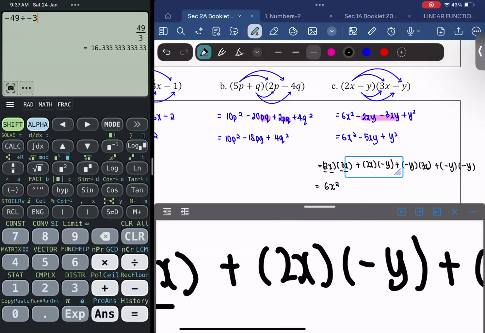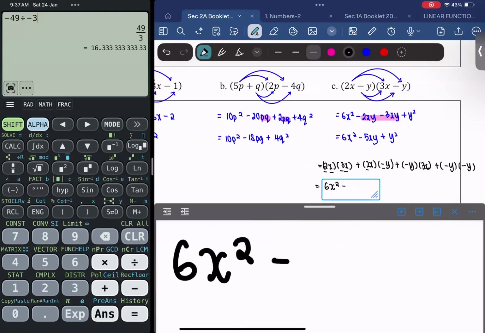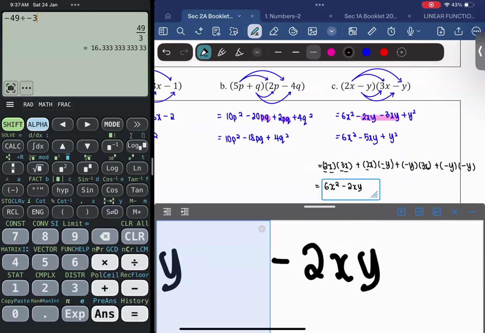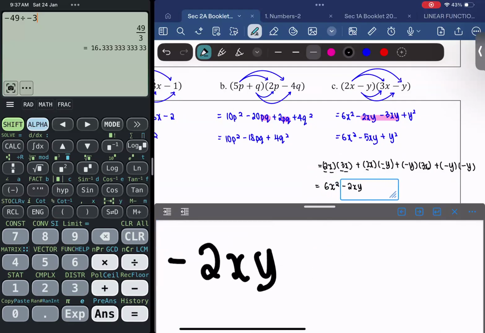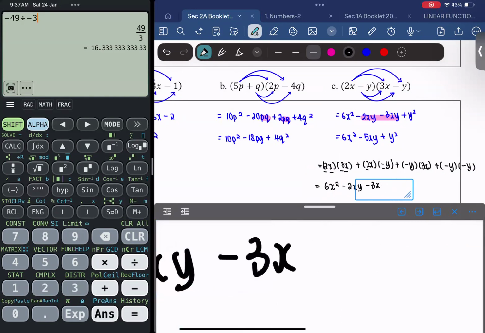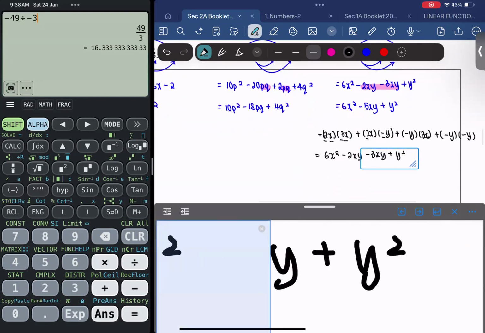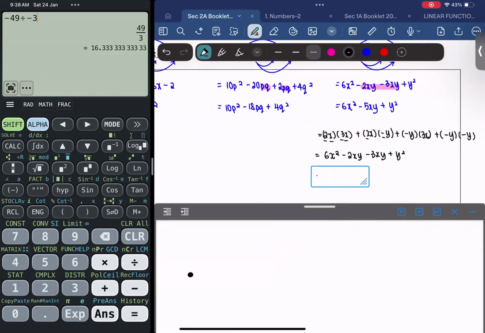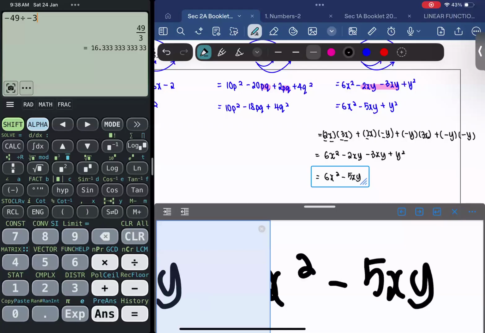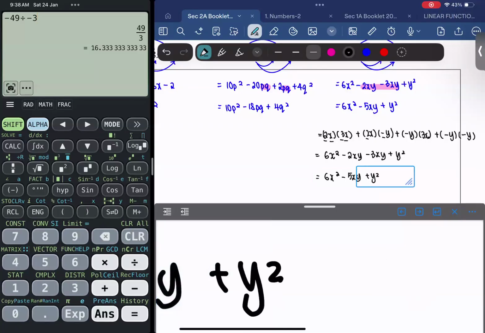Again, same thing: 2 and negative 2, copy x squared and xy. Minus 3xy plus y squared. After which you combine: 6x squared minus 5xy plus y squared.